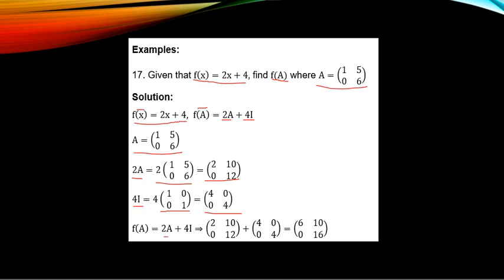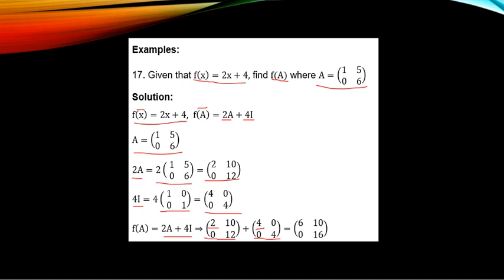So if 4 multiplies 1, 0, 0, 1, you have 4, 0, 0, 4. Now can I look for f of A? So f of A is 2A plus 4I. So this is 2A, you add it to 4I. And you know when adding, the dimension must be the same. So 2 by 2, you add corresponding element to corresponding element. So you have 2 plus 4, that is 6.